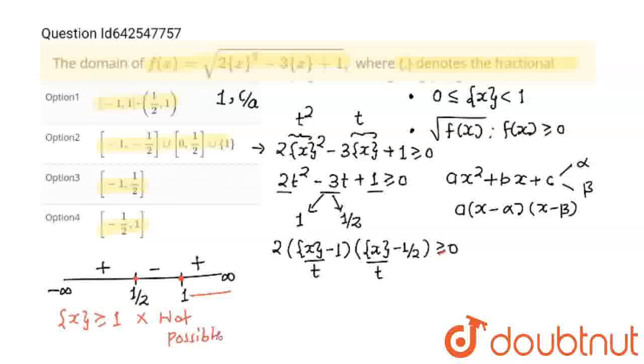Why not possible? Because in the starting I have written that fractional part value is always between 0 and 1. Okay, so this was our first interval, and the second interval is fractional part x should be less than or equal to 1 by 2. And we know that fractional part x is greater than or equal to 0, so we have to write the greater than or equal to 0 sign on our own.